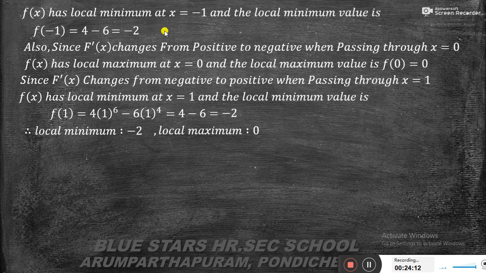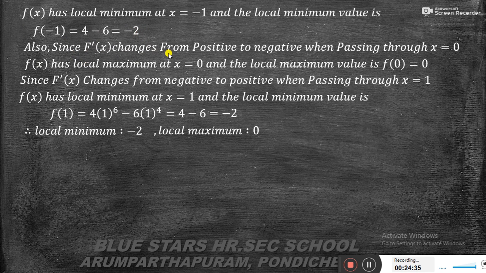The local minimum value: I substitute in the function, f of minus 1, where f of x equals 4x power 6 minus 6x power 4. So it is 4 times minus 1 whole power 6 minus 6 times minus 1 whole power 4. Therefore 4 minus 6, so minus 2. This is the local minimum value; minus 2 is the local minimum value.